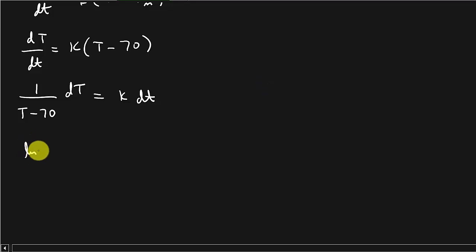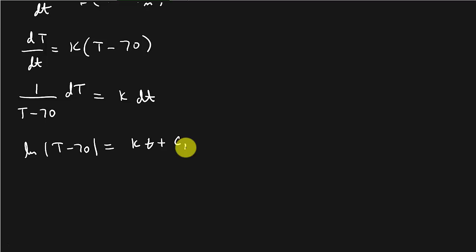The natural log of T minus 70 equals, we're integrating both sides, kt plus, we'll call it C1. I don't know, we may want to rewrite the constant. We'll see.